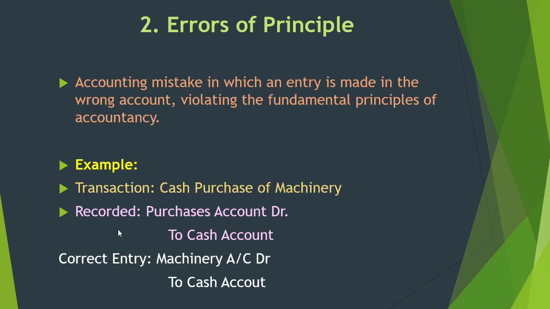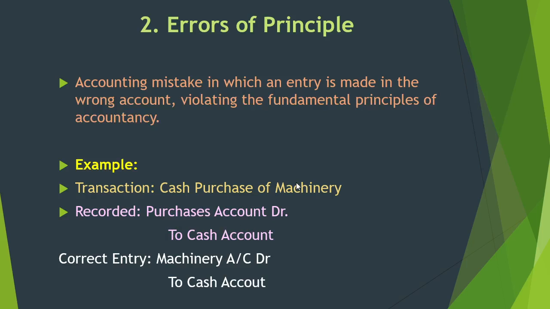But instead of this entry they recorded purchase account debits to cash account. They purchased machinery, so they wrongly assumed that it should be debited to purchase account. If it is a revenue item like goods, we have to record it like this: purchase account debits to cash account.